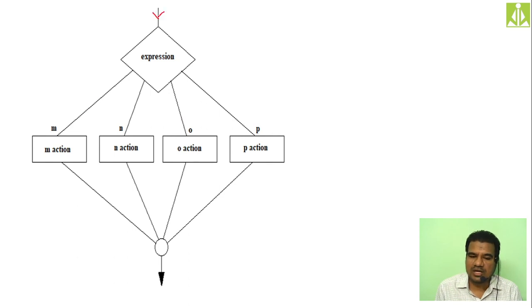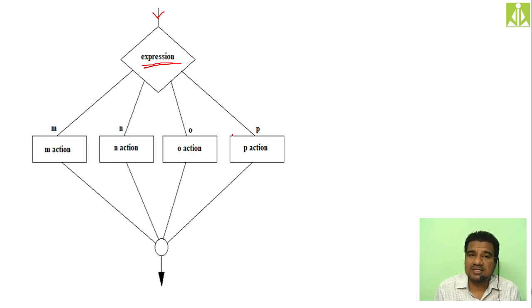The control will enter over here, evaluate this, and if the result is m, it will go in this direction and perform this action. If the result is n, it will go in this direction and perform this action. Like this you will have multiple possible paths over here.